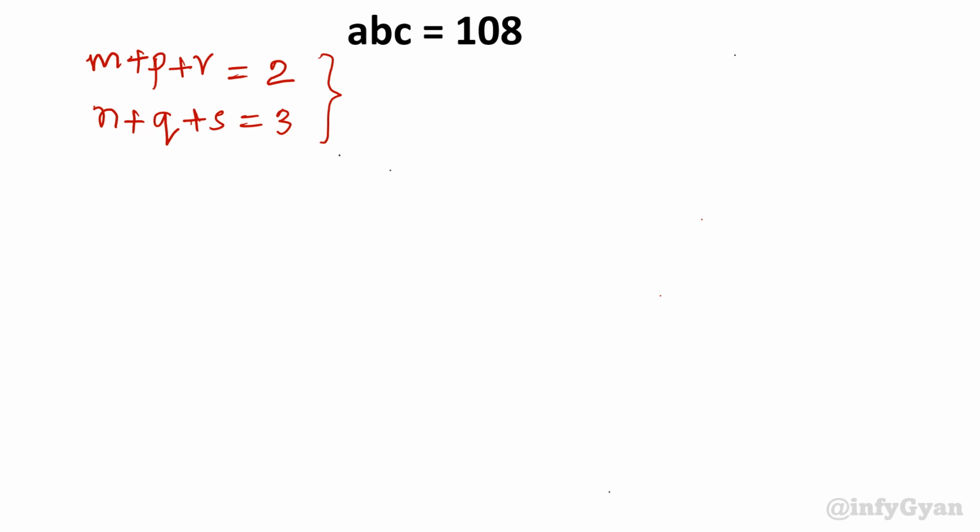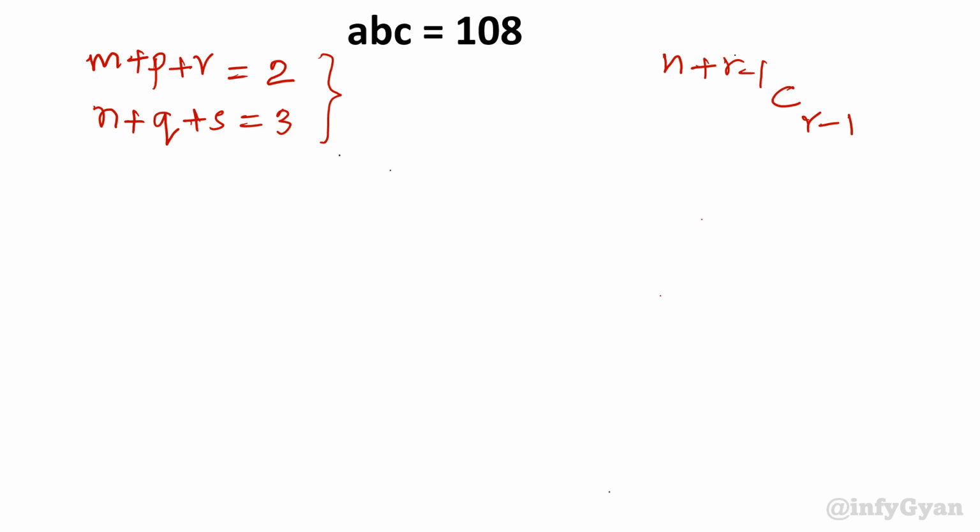So in permutations and combinations we know the distribution of n identical objects among r things. That formula is very important for us. The formula is n plus r minus 1 C r minus 1. So here we have the distribution of 2 in 3 numbers, and the distribution of 3 in 3 numbers.